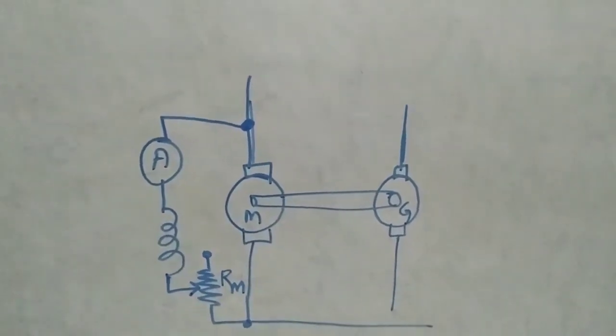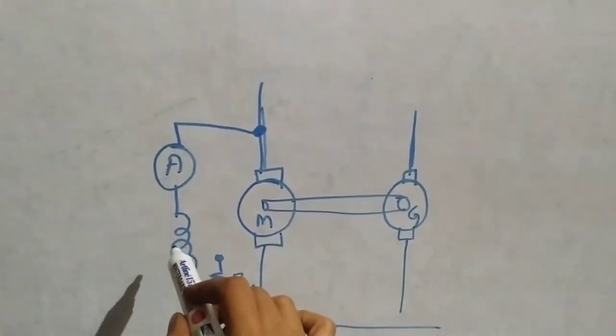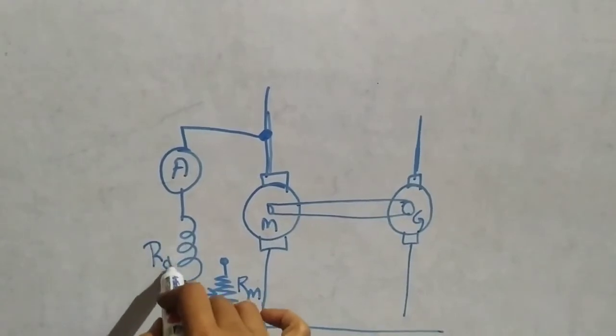This will be denoted as RM, and this will be the field winding, R shunt M.